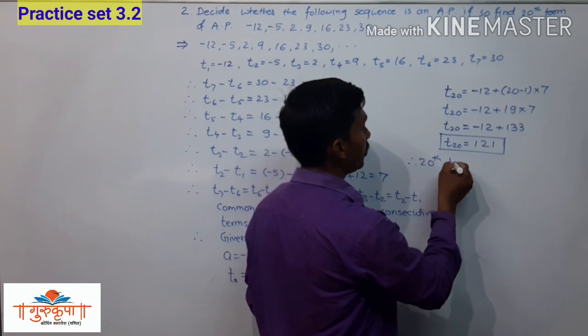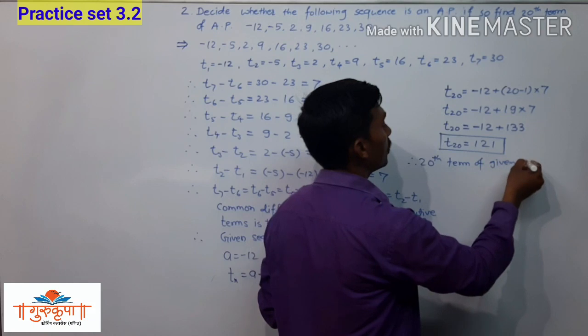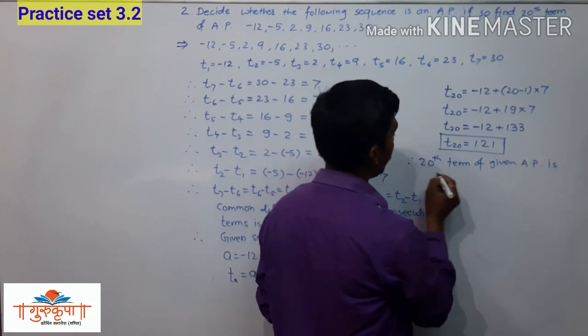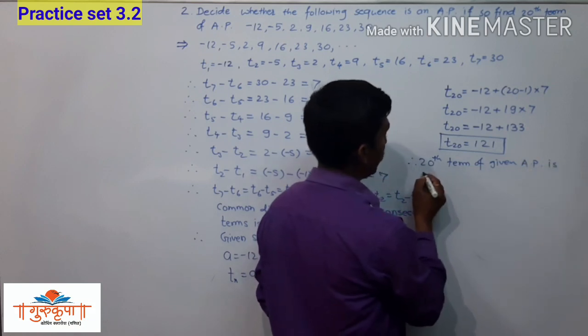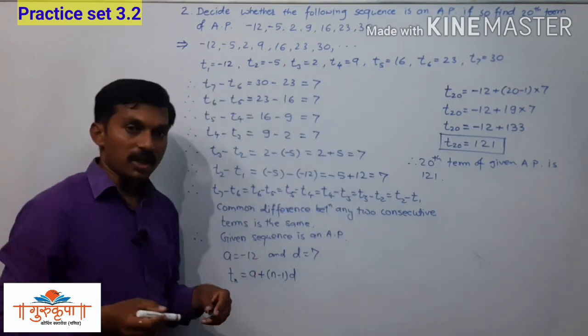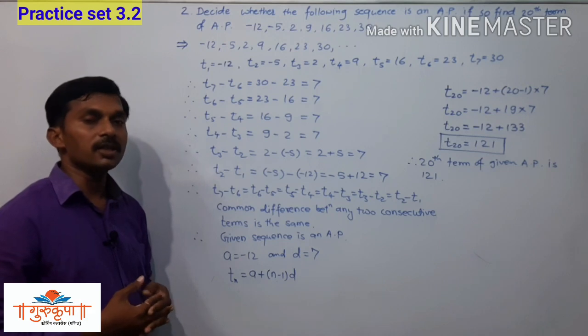Therefore, the 20th term of the given AP is 121. So this is all about the second example from practice set 3.2.